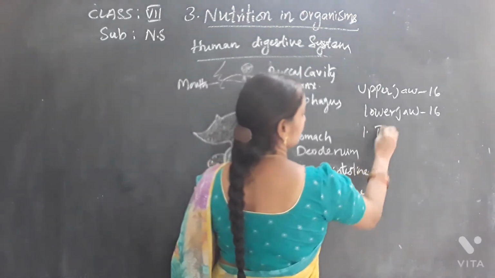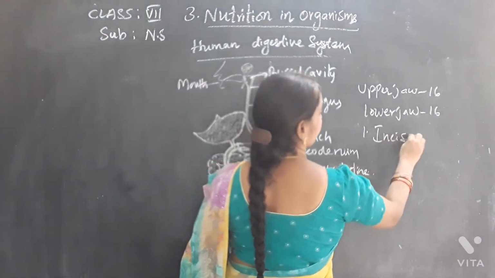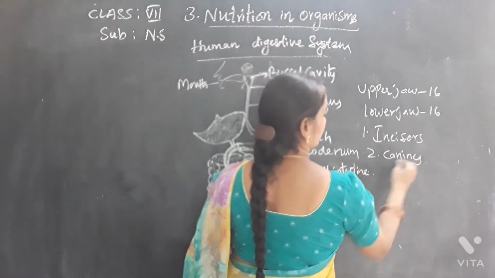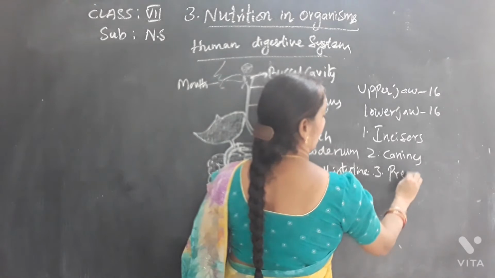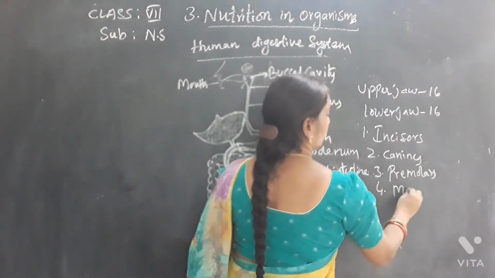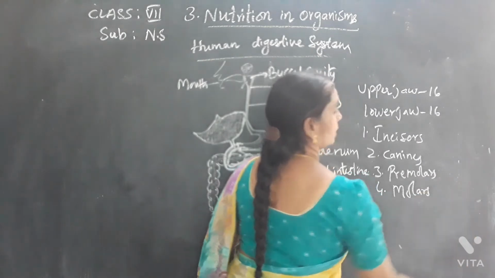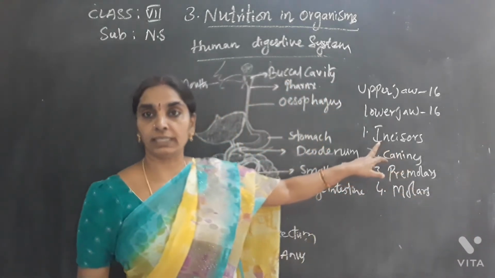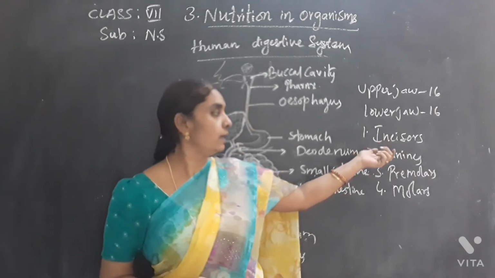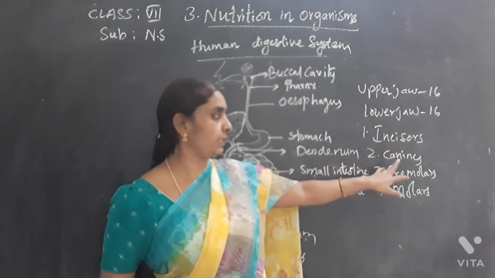What are they, children? Number 1, incisors, number 2, canines, number 3, premolars and number 4, molars. Incisors are the teeth used for cutting down the food material.